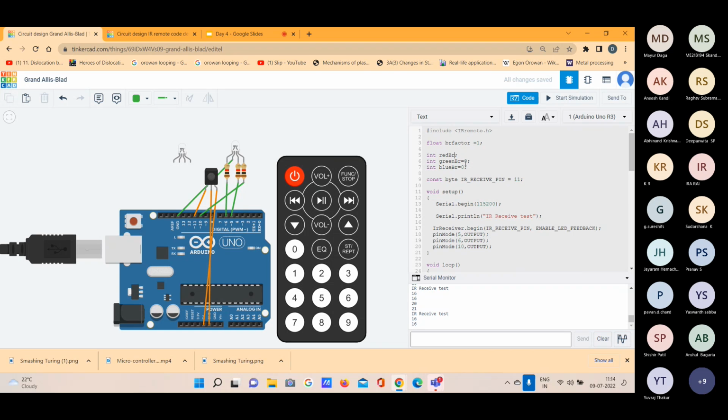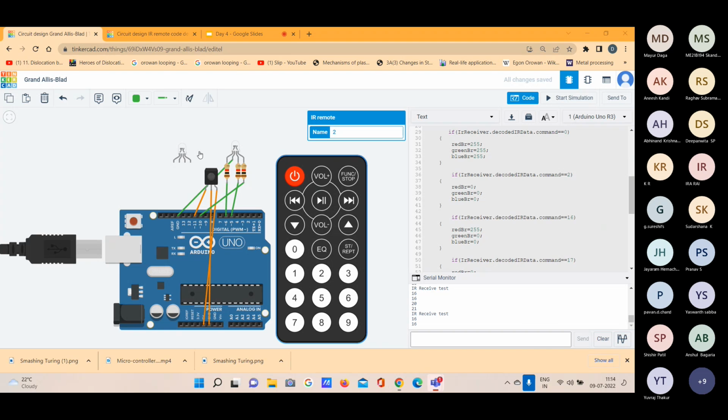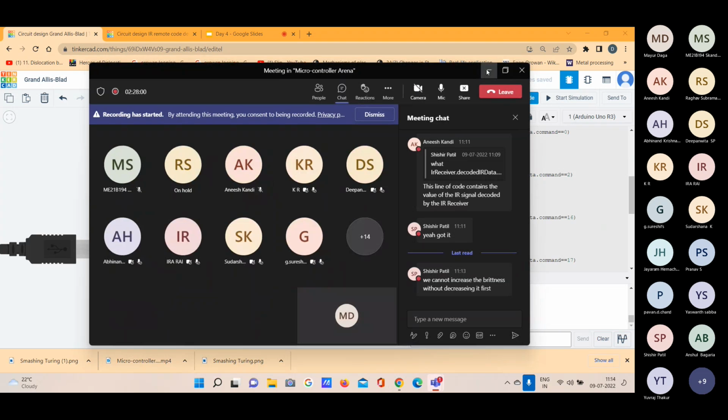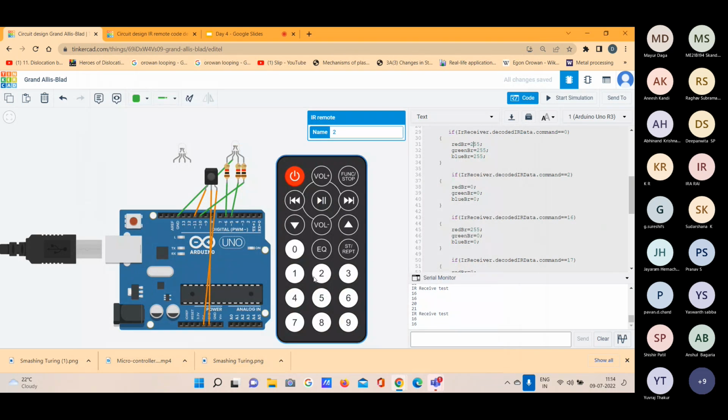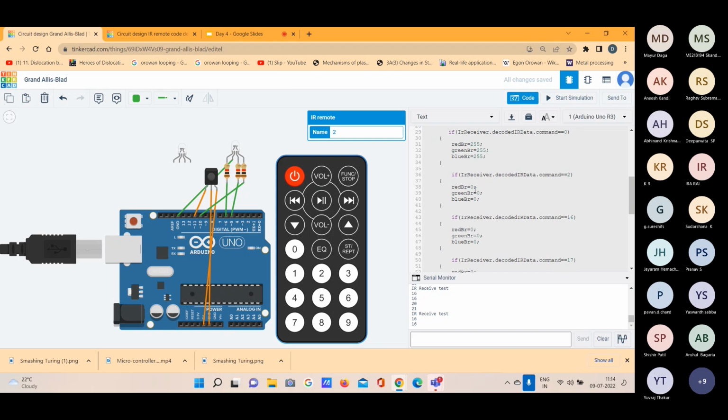Initializing here is maybe not necessary. It depends on what you initialize here. If you press one, then it initializes the red. Let's do it here with 0. Then it won't work, maybe.